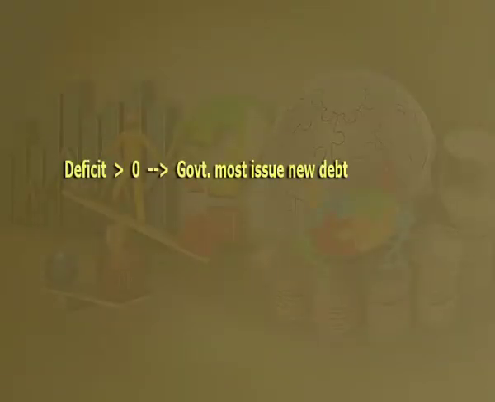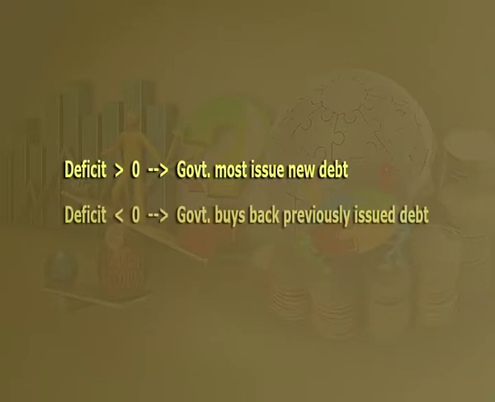If it is positive, then the government is spending more than it is receiving and hence must issue new debt. If it is negative, then the government buys back previously issued debt. This can be shown by taking real interest payment, and this method of measuring deficit is sometimes called the inflation adjusted deficit.